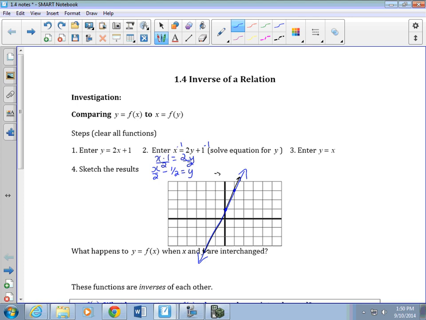For the graph of x is equal to 2y plus 1, I'm looking at 1/2 x minus 1/2. So my y-intercept, I'll do that one in red, was at negative 1/2. And then this is like saying 1/2 x, so I would go up 1 and over 2. So it would be going there.